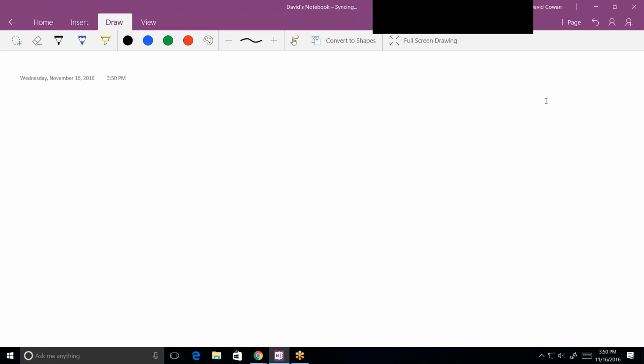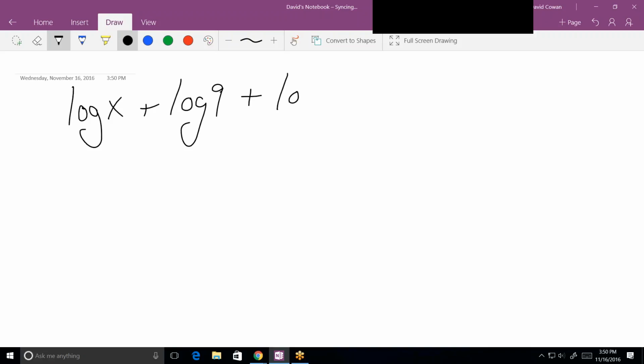Another condensing logs problem. Okay. Log of x plus log of 9 plus log of x plus 1 minus log of 3 minus 2 log of x.